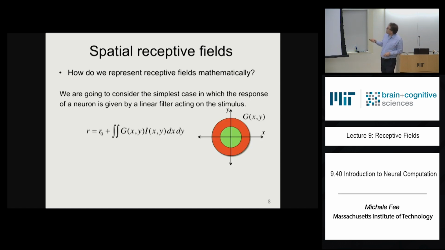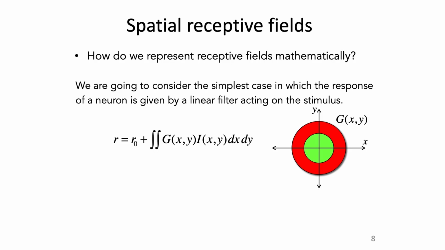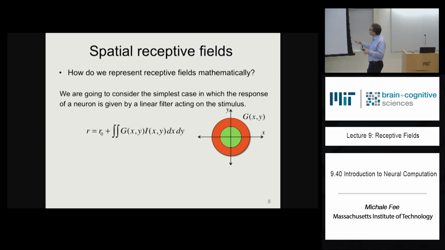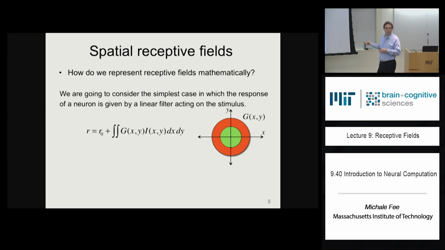Okay, so let's describe that mathematically. Let's say we have a two-dimensional receptive field. We're going to call that G of x and y. Remember, we had intensity as a function of x and y. There's our stimulus input, and we're going to ask how well does that stimulus overlap with this receptive field, which we describe as a function on this space x and y.